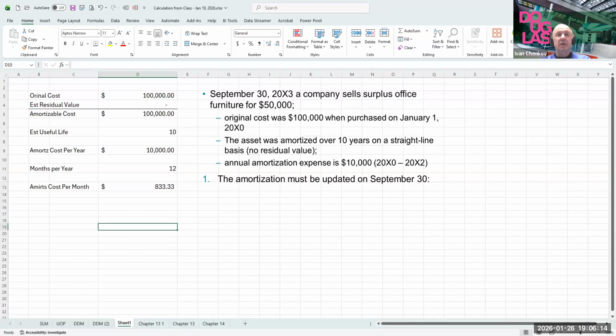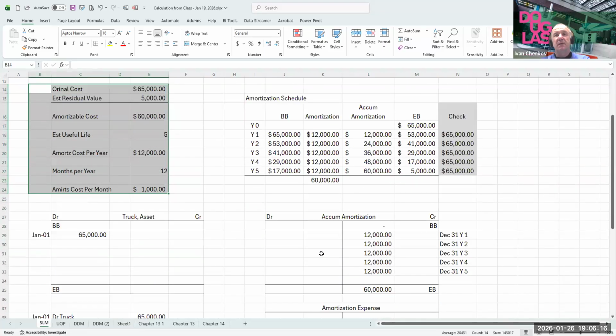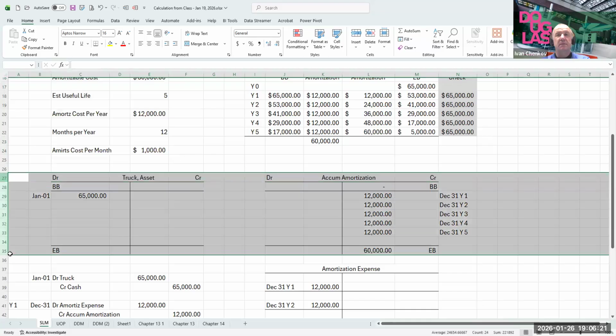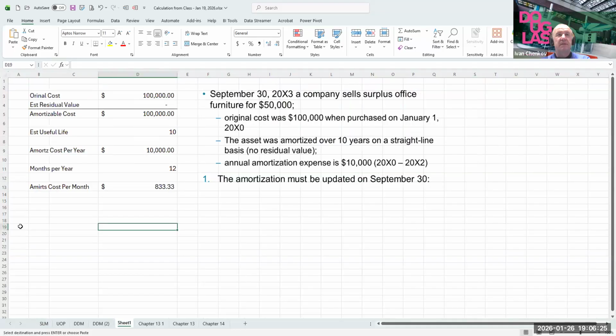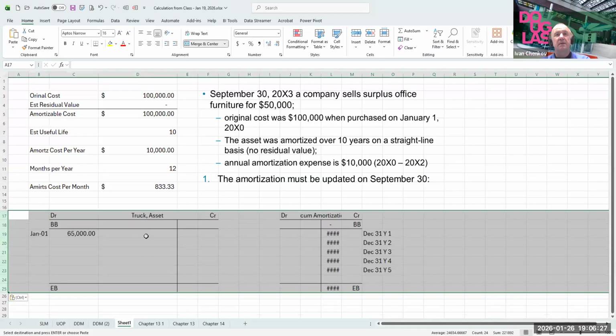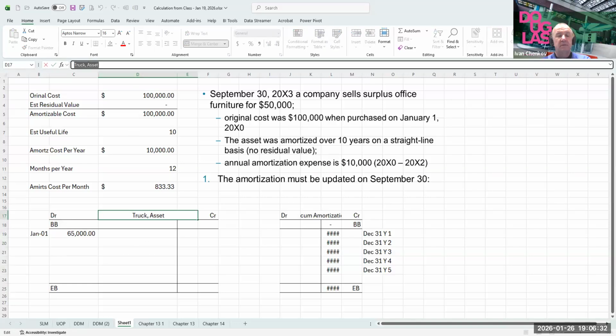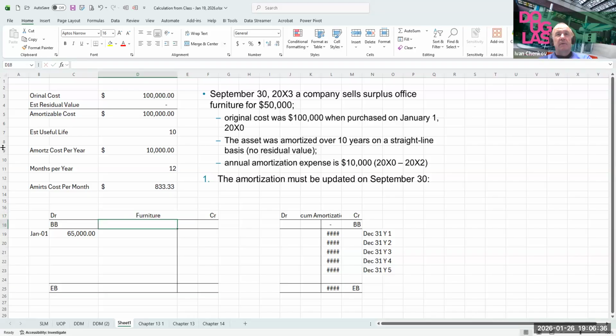So what that means to us is if we have to bring the T accounts, I'm going to bring the T accounts. I'm going to use this part here to make it faster and post it right here. So I have furnitures, and my beginning balance is zero. Then on January 1st, I purchase 100,000.